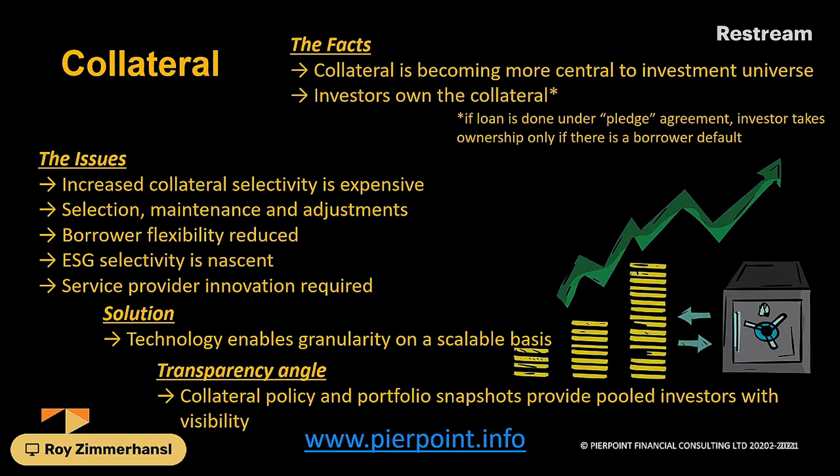Now, again, fortunately, the solution to this is technology. The way I look at it, technology really is the thing that's enabling granularity, where you can get to the very specific individual client level.